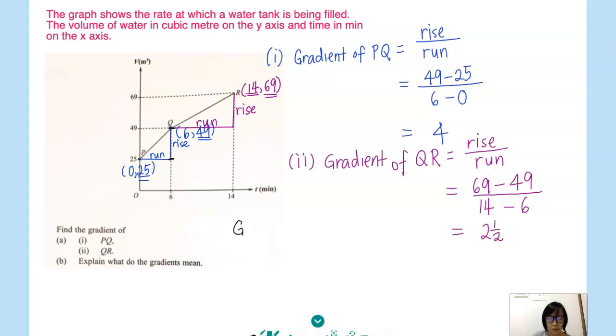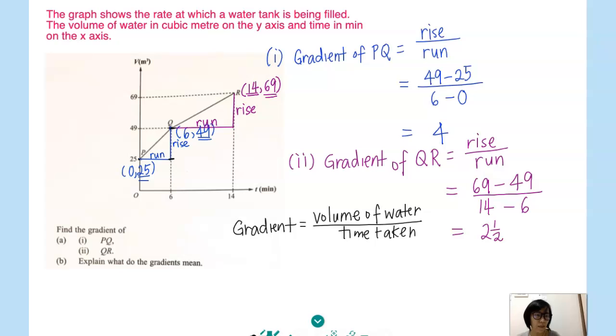When you calculate the gradient, the rise represents the difference in the volume of water divided by the time taken for this very specific case. Of course, it can be other cases if the question has a different context. But in this particular case, the gradient tells you how much increase in the volume of water per unit time.